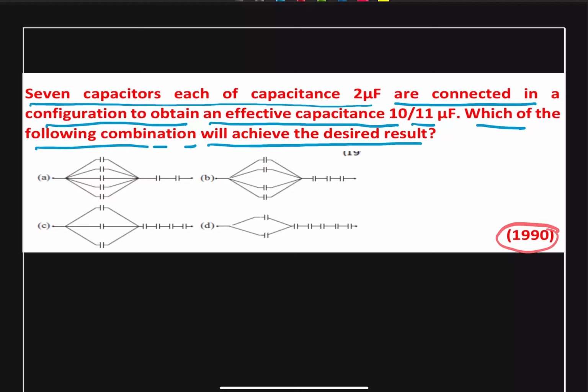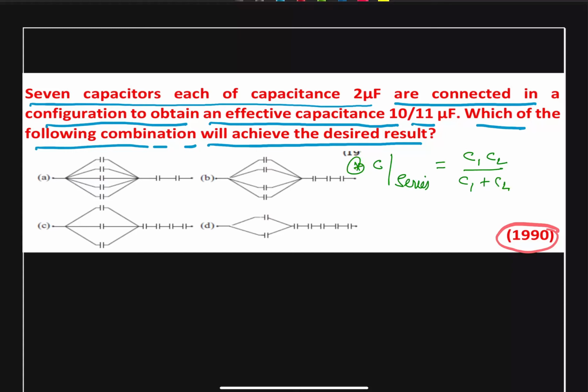So the capacitors are connected in all these options, in series as well as in parallel, and we know when the capacitors are connected in series, the equivalent capacitance is given as, suppose there are 2 capacitors, C1 multiplied by C2 upon C1 plus C2.